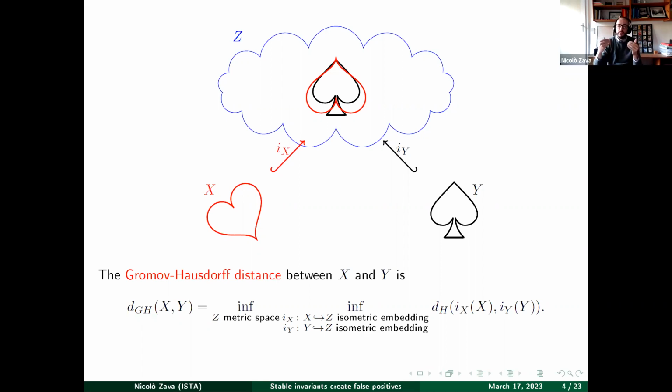The best possible value that you can achieve by this process is going to be the Gromov-Hausdorff distance between X and Y. This metric space Z is kind of a mysterious object, but there are nice constructions, so at least its support is not that weird.